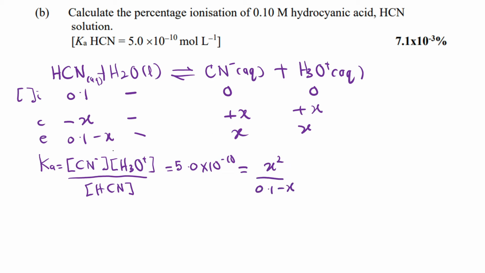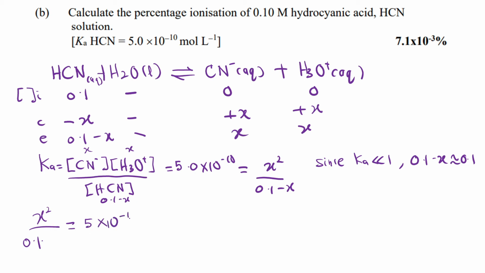X darab x. Okay, this one is x, this one is x. 0.1 minus x. Jadi since nilai Ka is too small, so 0.1 minus x is almost 0.1. Jadi kita rewrite the expression. Okay, kita letakkan x square over 0.1. Okay, minus x tadi kita dah abaikan. Okay, jadi equal to 5 eksponen negatif 10.